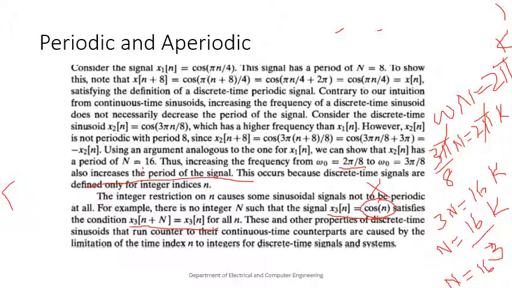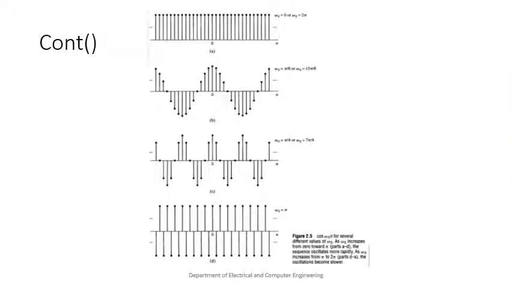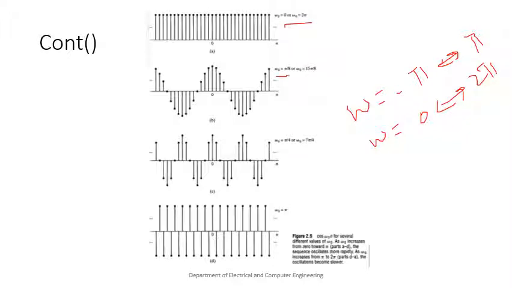So let's finally look at a few graphs. As I've told you, the frequency varies from minus pi to pi, or we can say 0 to 2 pi. Here the frequency is 0, so there is no oscillation. Here the frequency increases a bit, that is pi by 8, or we can say 15 pi by 8, both are the same.